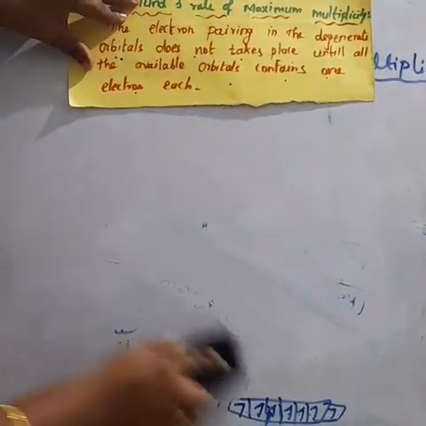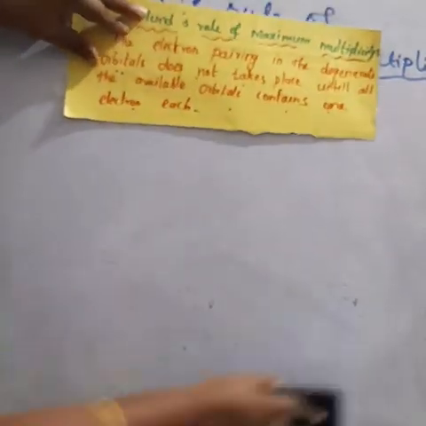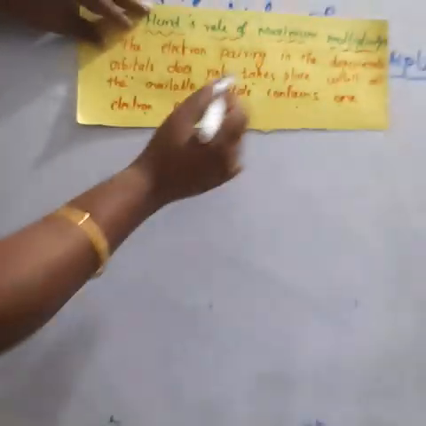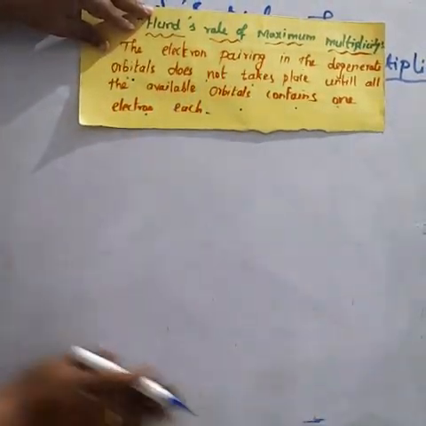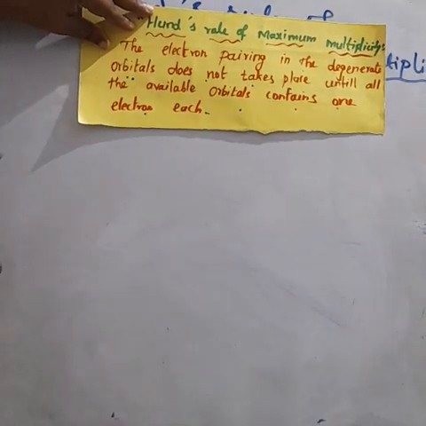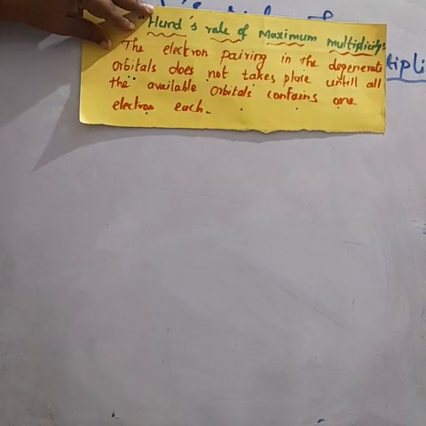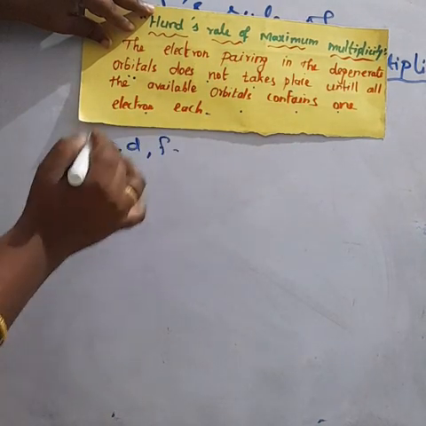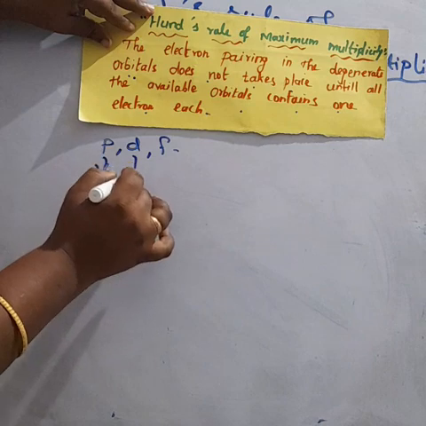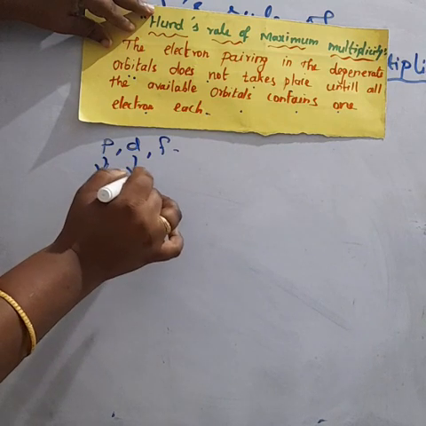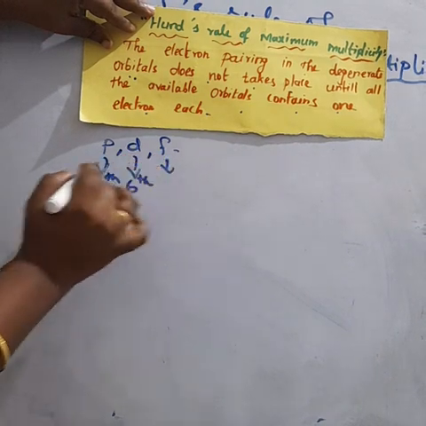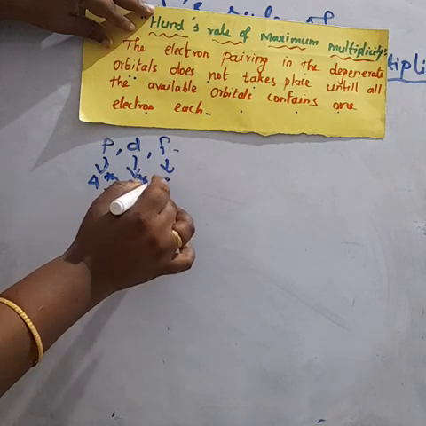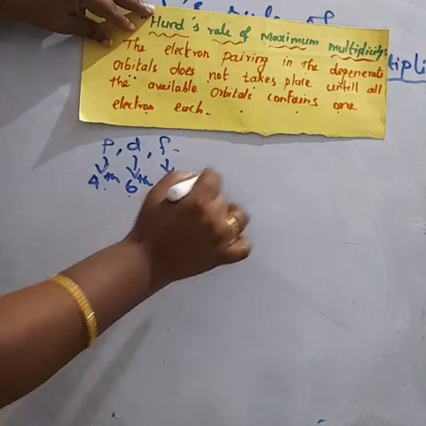According to this rule, pairing of electrons in these orbitals starts only when the 4th, 6th and 8th electron enters the p, d and f orbitals respectively. For example, for the p orbitals, pairing starts from the 4th electron.